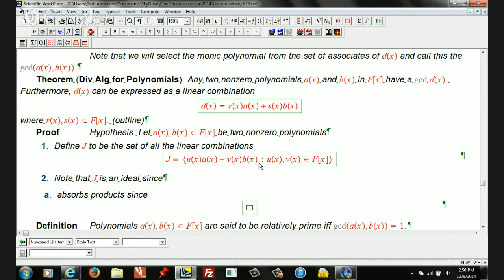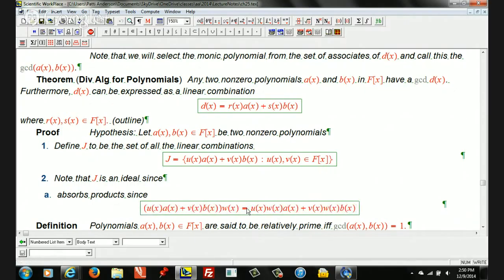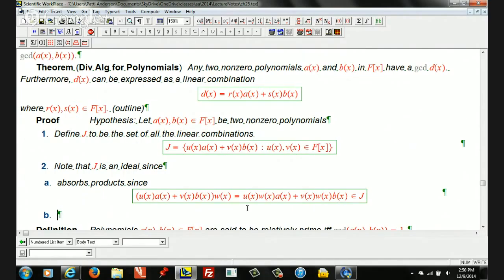So if we have anything in here times a w of x, it would be equal to u of x w of x a of x plus v of x w of x b of x, which is in J. And closed under subtraction.